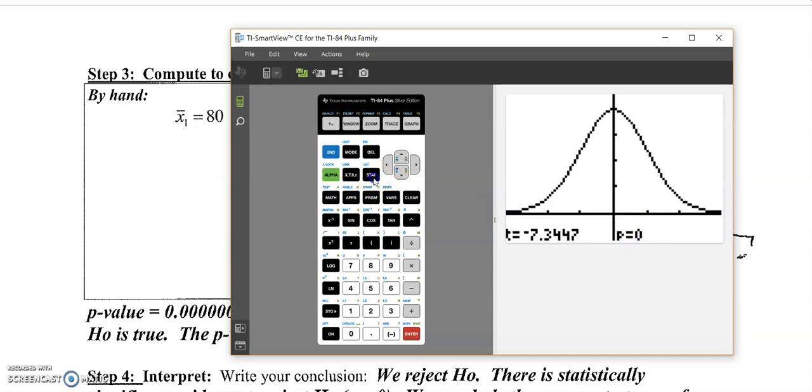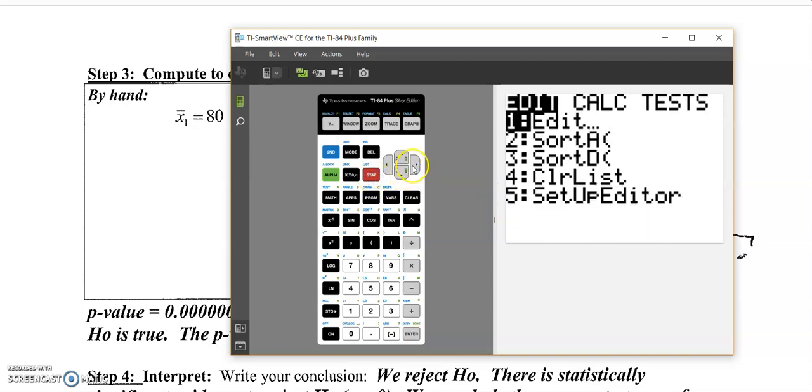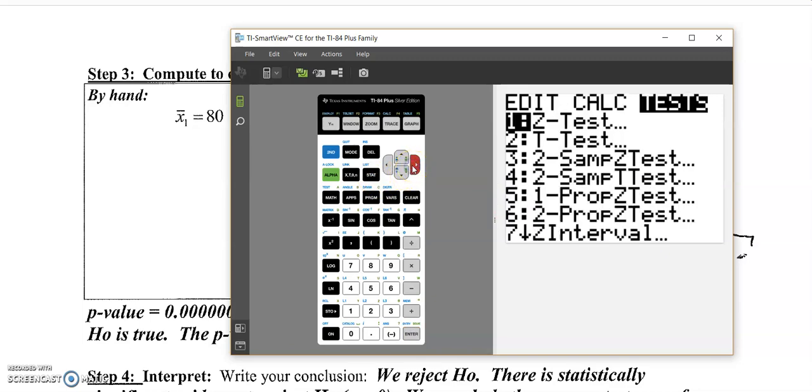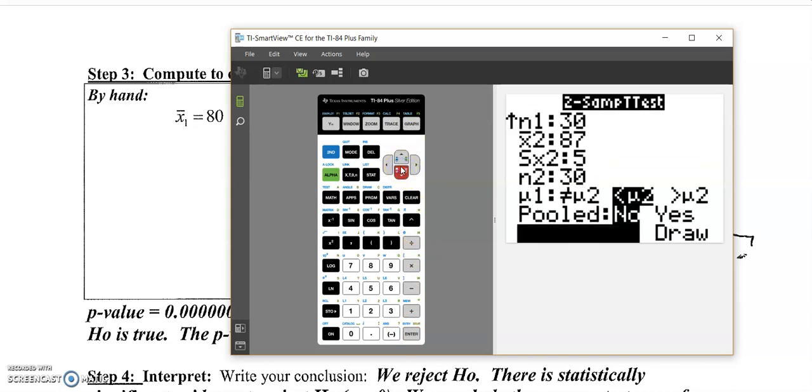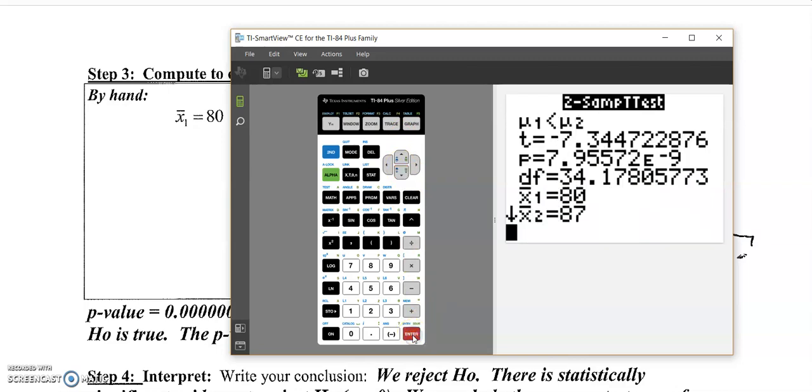If you want to know the exact p-value, we hit stat. Over to the right for tests. Choose test, 2-sample t-test number 4, but this time choose calculate versus choosing draw. So when you push enter on calculate, our p-value says 7.95572, but be careful, there's an e to the negative 9.